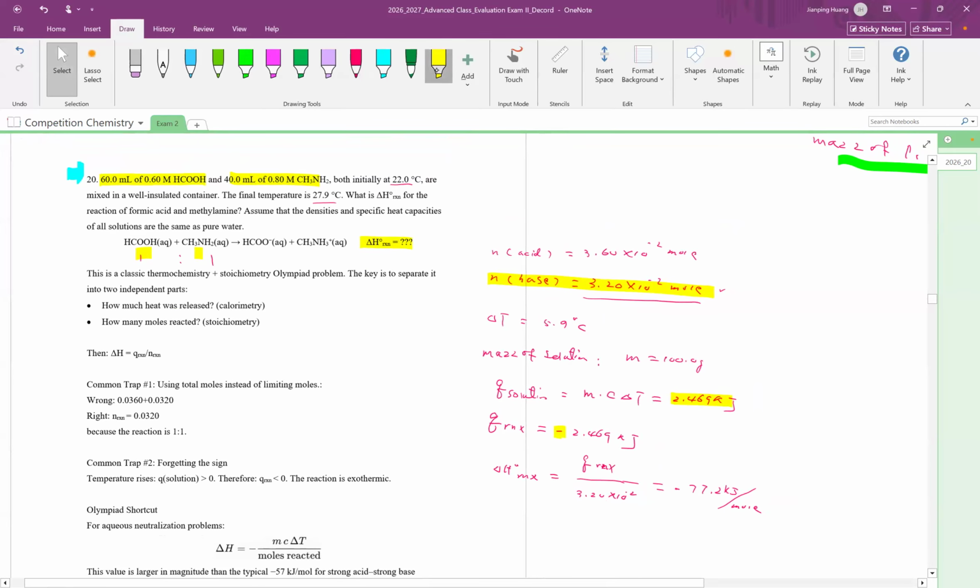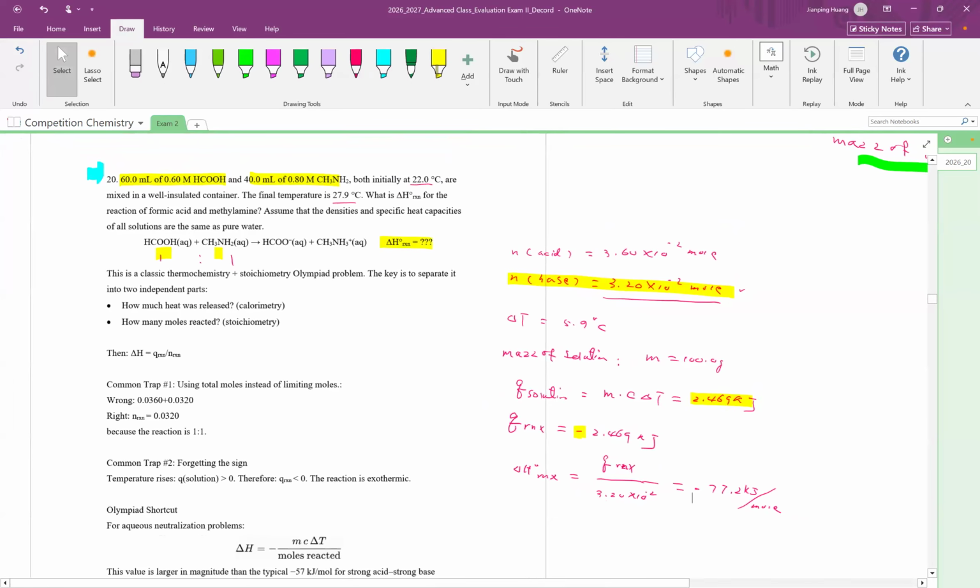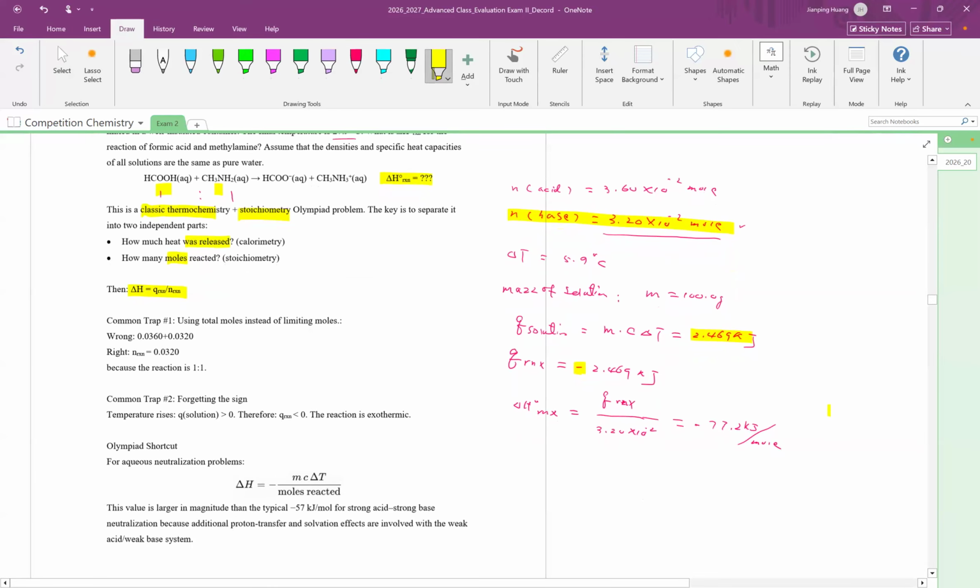Now here I give you, see, this reaction basically is what? It is a basic thermodynamics with stoichiometry Olympiad question. So the first part, you need to calculate the heat released. How many moles react? Then use this way to do that. Now, they do have a trap for this sequence.